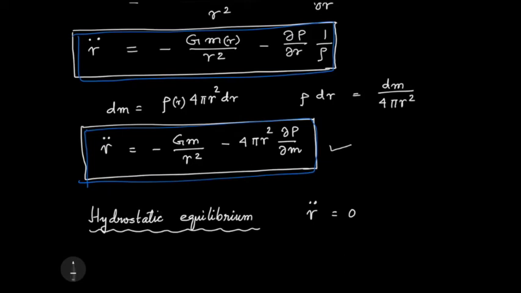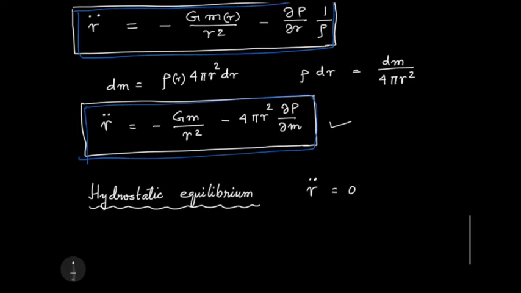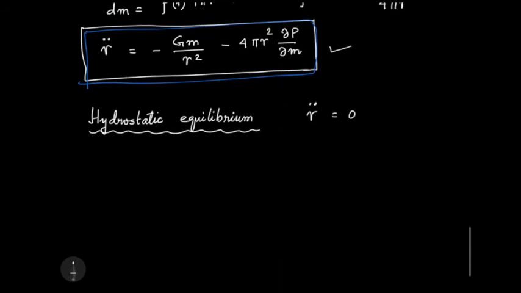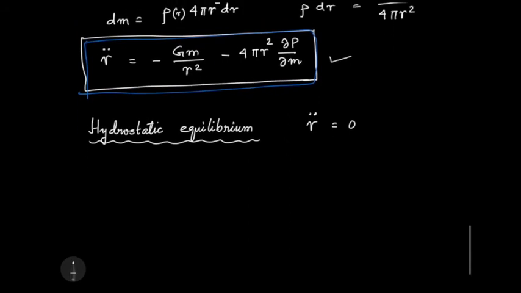So it's the radius at which that mass shell is there. So the second derivative of r essentially tells me if that shell is accelerating outwards or inwards. If it is not, then we say it is in hydrostatic equilibrium.